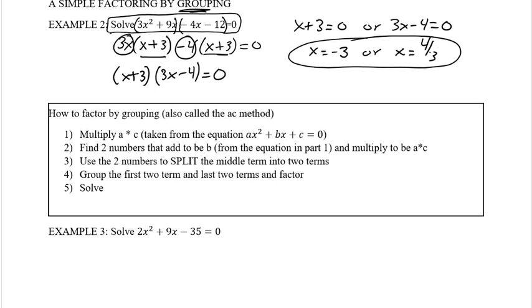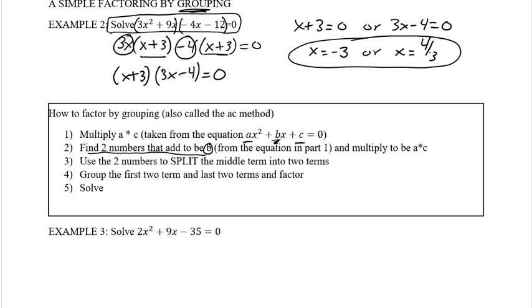First of all, we multiply a times c. Then we're going to find two numbers that add to be b, right here, and multiply to be a times c. Then we use the two numbers to split the middle term into two terms.